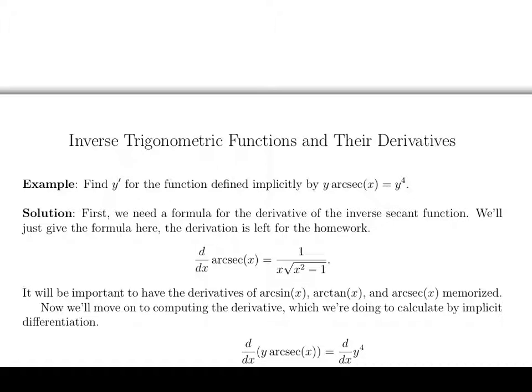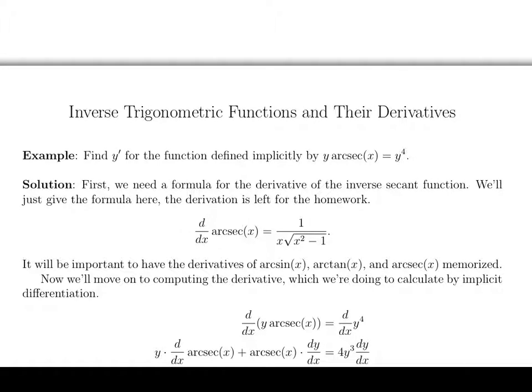On the left side, we're going to have to use the product rule. On the right side, we just use the power rule. So you should be able to see on the right side, that's pretty straightforward. We just use the power rule combined with the chain rule because we're differentiating something that's got an inside function. As usual, we have to think of y as being the inside function here.